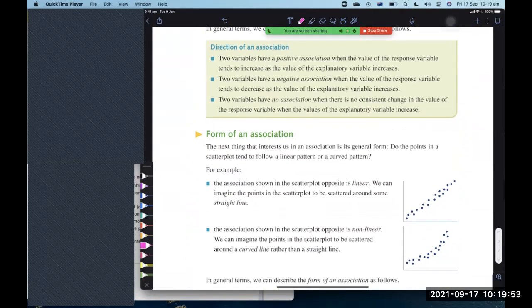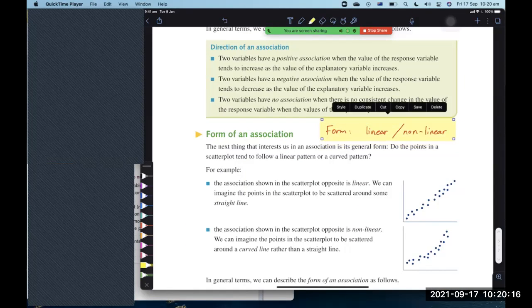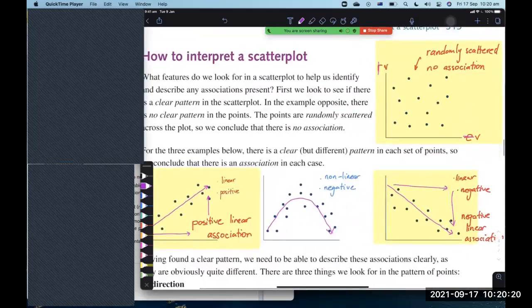Straightforward. Now, when we talk about the form, we have linear and non-linear. There's only two ideas. So for form, our focus is on linear, or if it's non-linear. So basically, is it a straight line or is it not a straight line? That's all you have to say. So you saw me do the breakdown before.